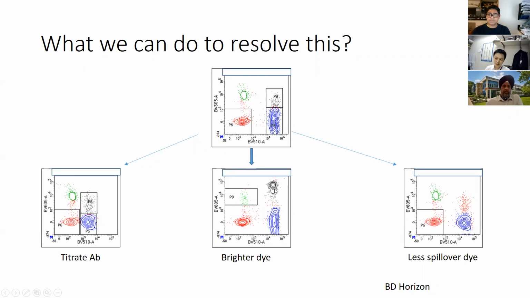Another way is we change to a brighter color for this antibody, so hopefully we can bring this population up. Usually that's not available for us. Another way is we keep the antibody position there, but we choose a less spillover dye. That way we can make this antibody population stand out more.